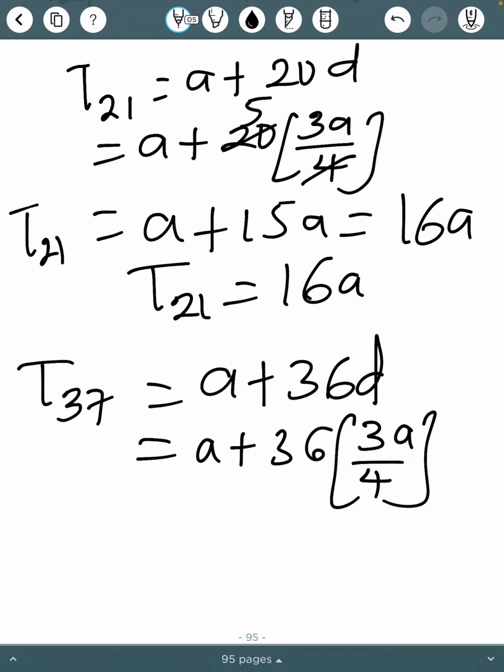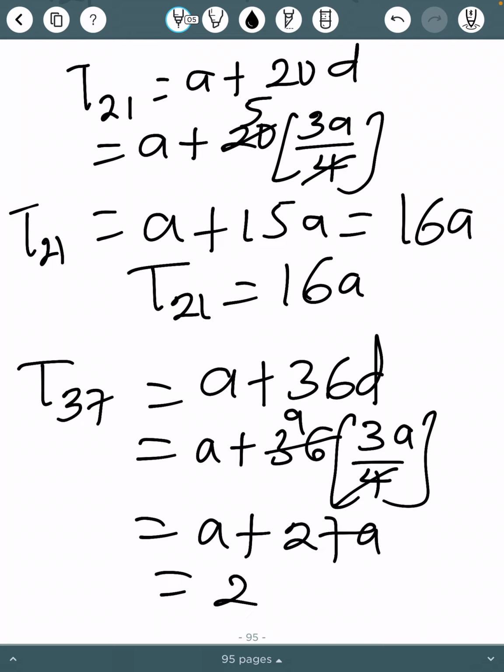Also, the common difference of the arithmetic progression is given by 3a over 4. 4 nines are 36. So that will give me a plus 27a, and that gives me 28a. So my T37 is 28a.